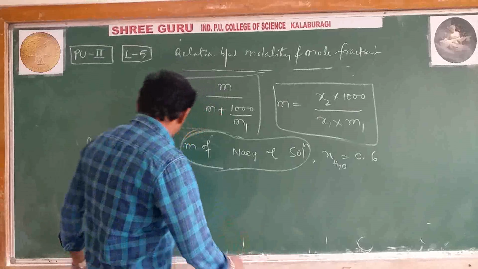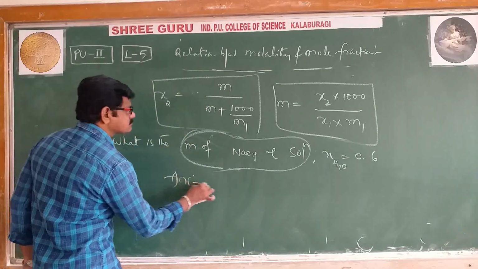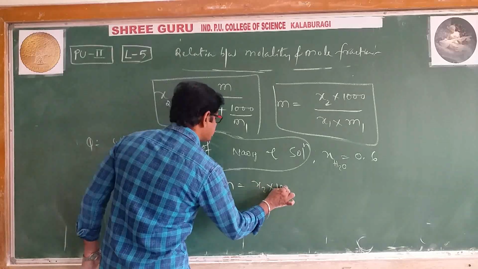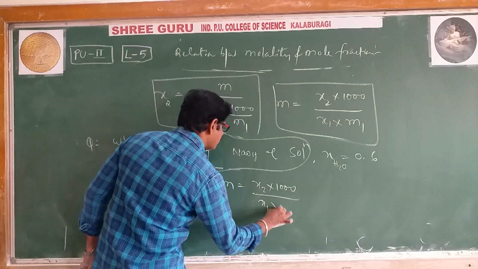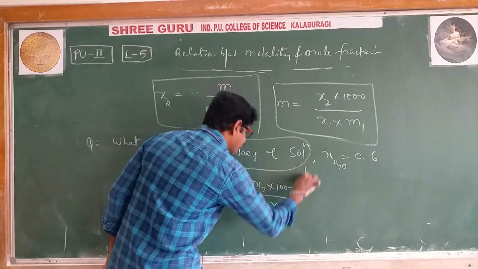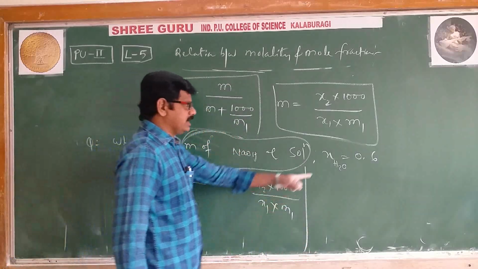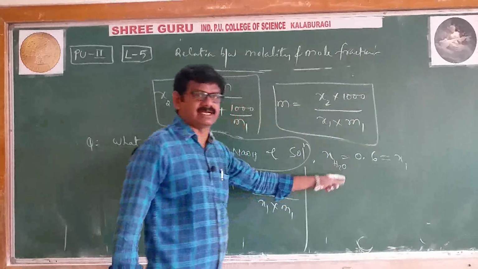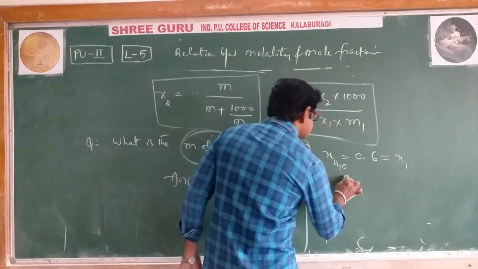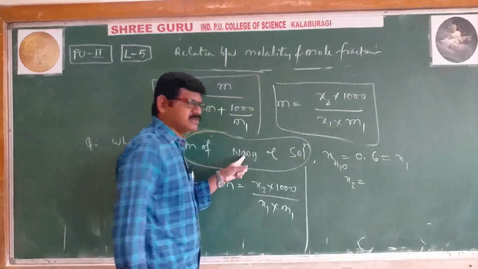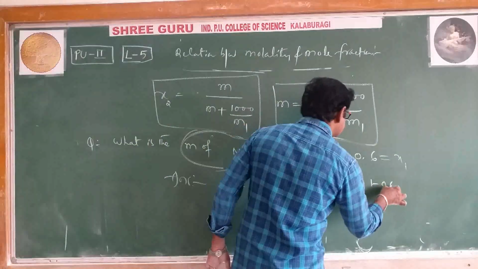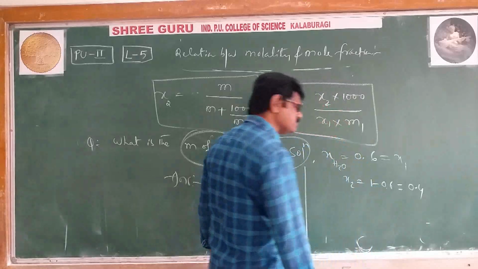Okay. We'll write the first formula. Small m equals x2 into 1000 divided by x1 into M1 is our formula. Now water is the solvent. Remember, solvent is x1. Then what is x2? x2 is nothing but solute, 1 minus x1, 1 minus 0.6, so 0.4 is x2. That's it.